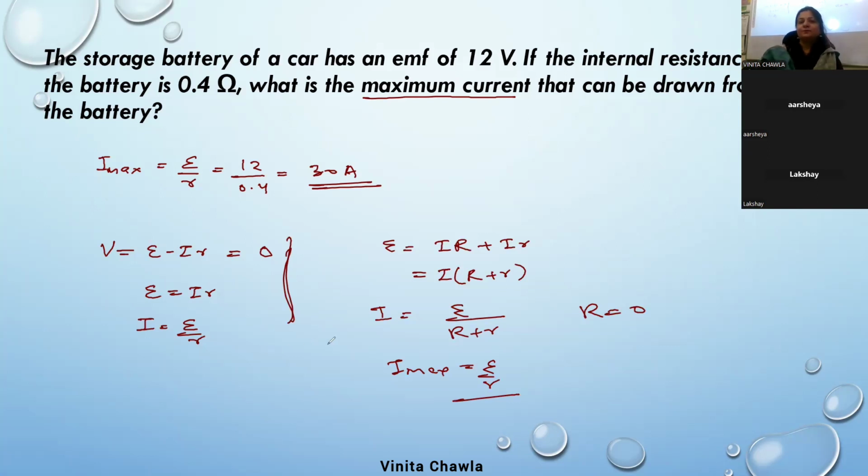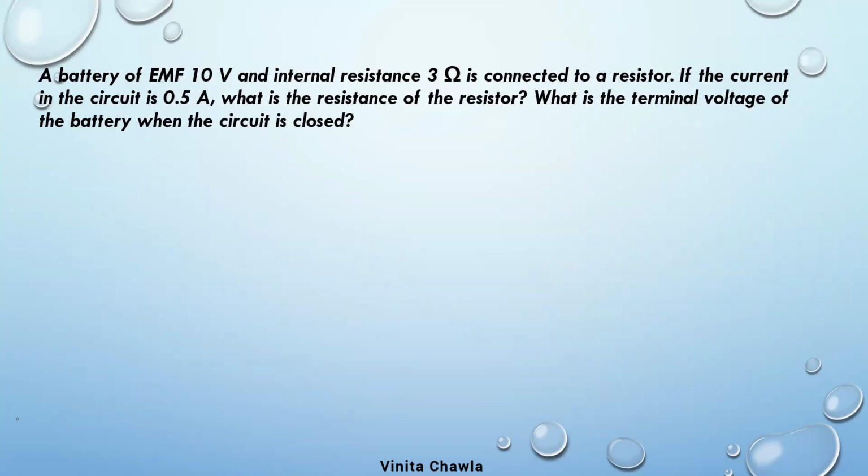ठीक है, यह करवाया था मैंने क्लास में। A battery of EMF 10 volt and internal resistance 3 ohm. Current is given, it's 0.5 ampere. What is the resistance of the resistor and what is the terminal voltage of the battery when the circuit is closed? R and V we have to find out.